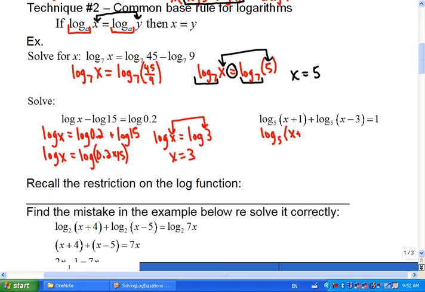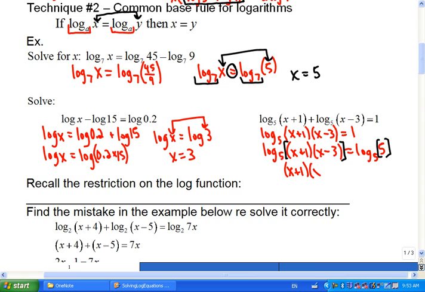So I could go x plus 1, and I still don't have the same pattern of log base 5, but I could rewrite 1 as log base 5 of 5. So what that now means is this must equal this. So we have an equation that would be x plus 1 times x minus 3 should be equal to 5.